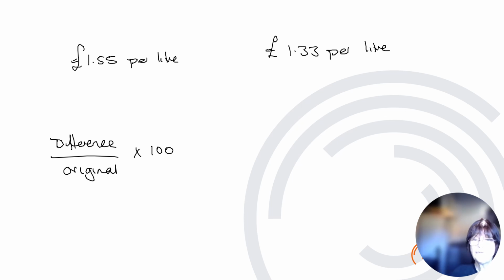Okay, hopefully you've come up with an answer and restarted the video. So let's have a look. The difference between these two prices is 22 pence. So 0.22, no pounds, 22 pence, out of our original, which was £1.55. So it's dropped by 22 pence out of the £1.55.